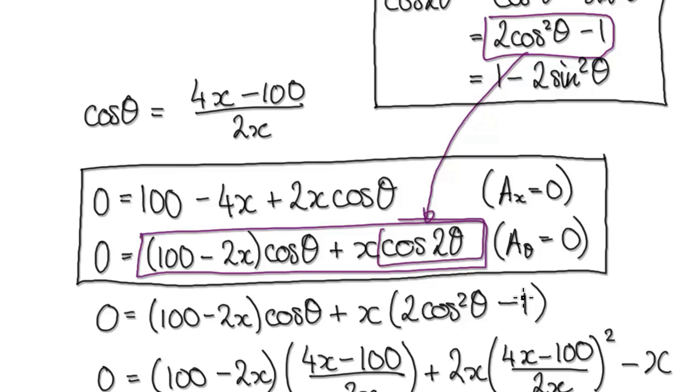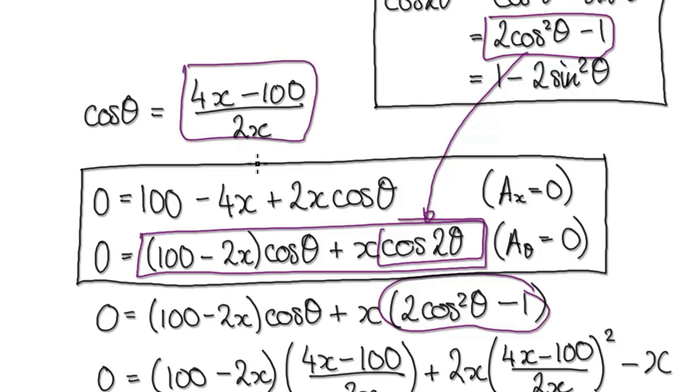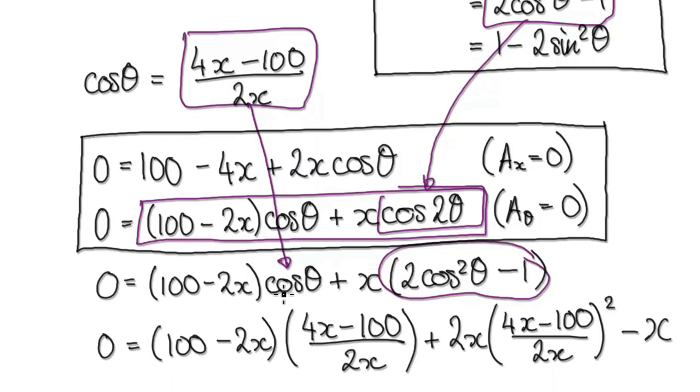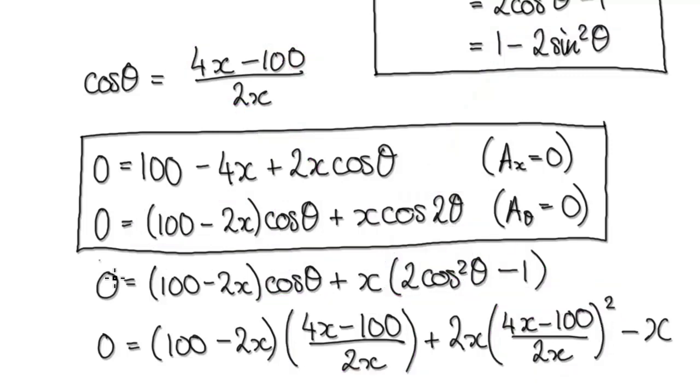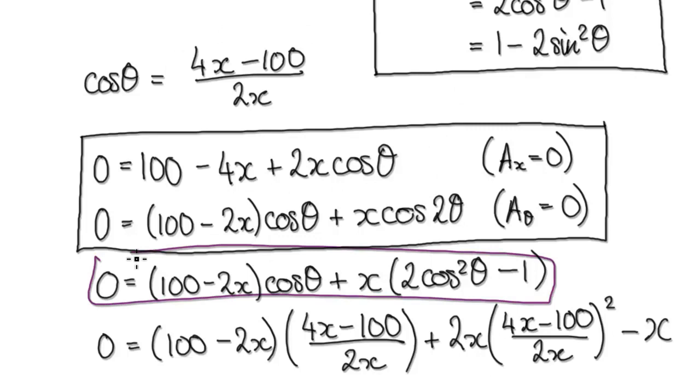That will then give us this thing here, and then we can put this into here. That will then give us this thing here, and then put this into this cos here. So that would be this thing squared, this thing squared. So I hope you can follow that. From here that will then take you to here.